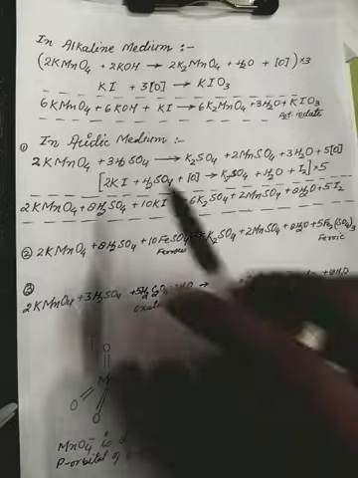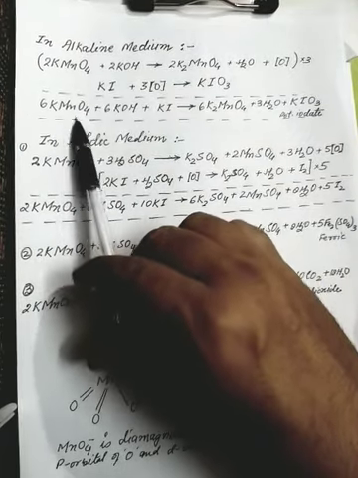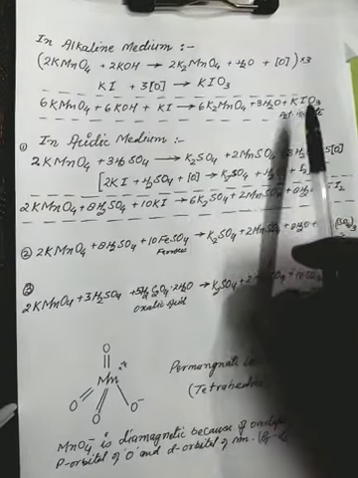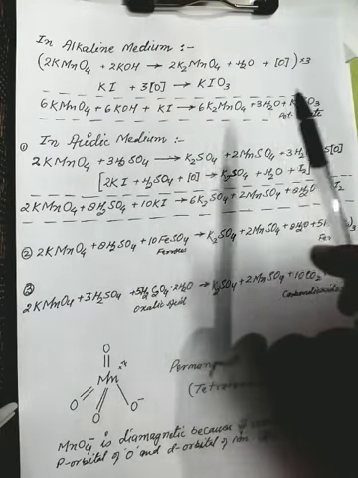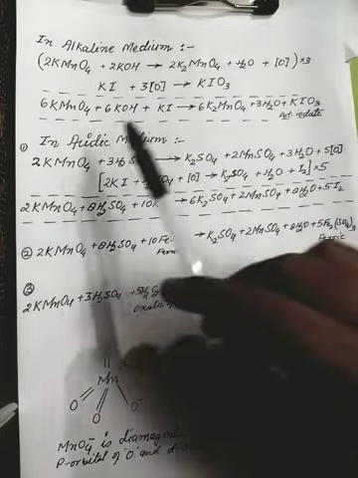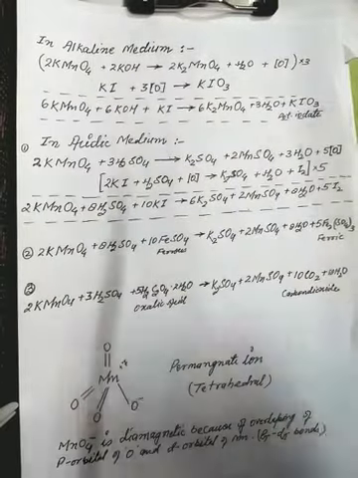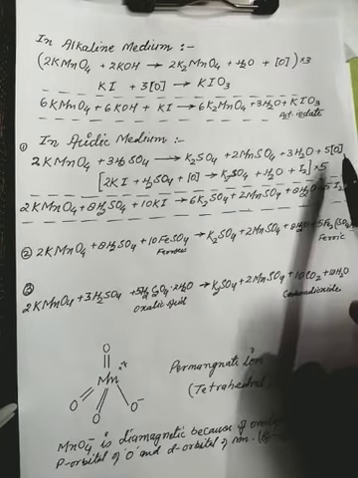Now, what is the use of KMnO4 here? In alkaline medium, KMnO4 oxidizes potassium iodide into potassium iodate. So iodide is oxidized into iodate by alkaline KMnO4. Now in acidic medium, 2 KMnO4 molecules give 5 nascent oxygen.